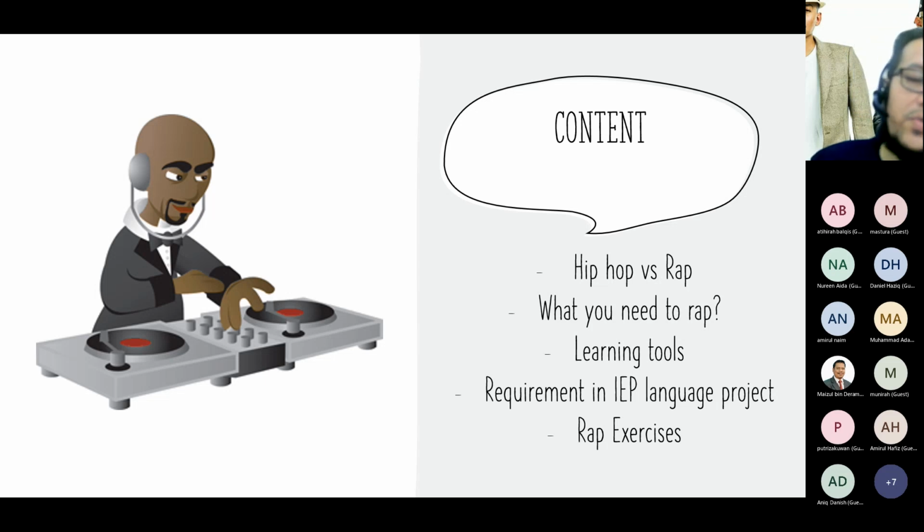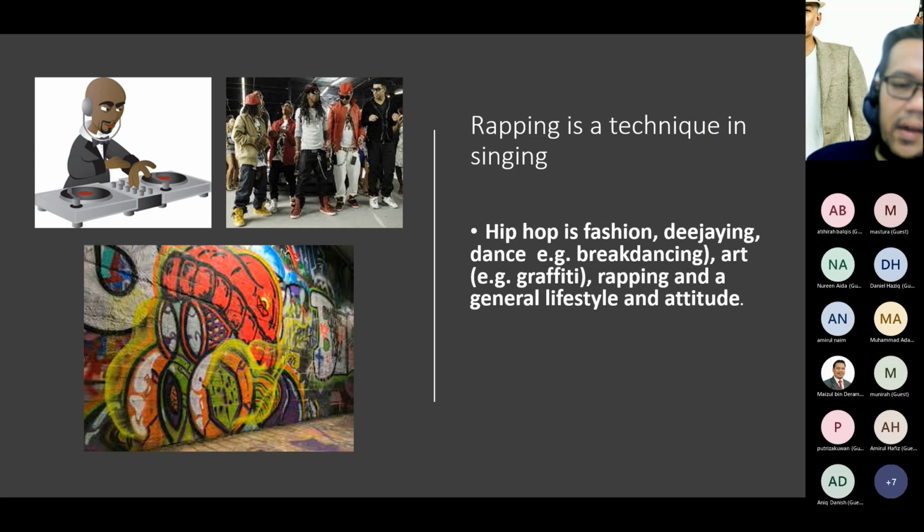The first thing first, you need to know that rap and hip hop are two different things. Rap is actually the technique in singing, but hip hop is actually the culture. But in Malaysia, when we see people who rap, they call it hip hop. Hip hop is actually the culture.